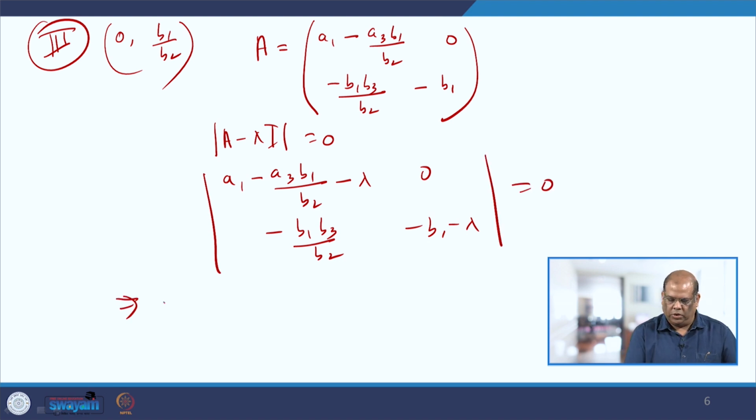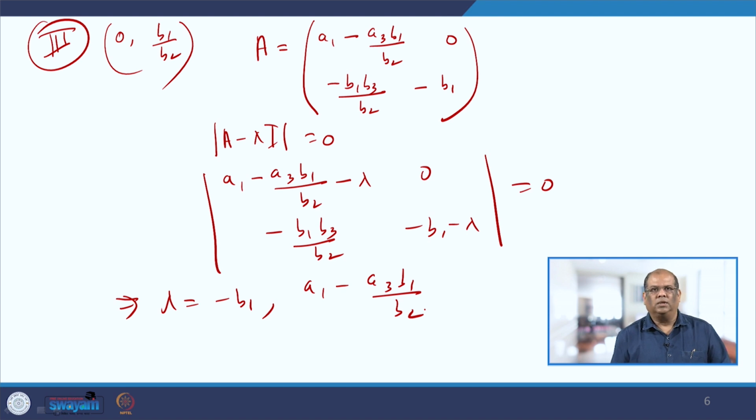And the solution is going to give you lambda equal to minus b1 and a1 minus a3 b1 by b2. So, if you again want this system to be stable, this is clearly less than 0, and this has to be less than 0, that is a1 must be less than a3 b1 by b2.